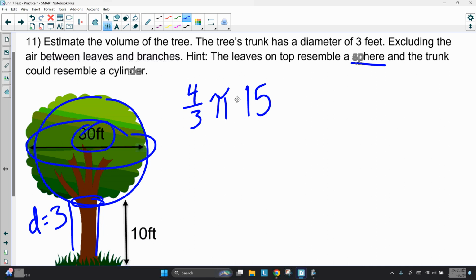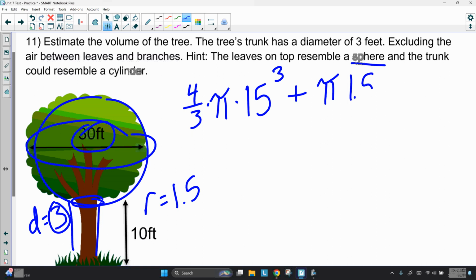So the radius for that guy is going to be 1.5. And this is all in feet. So cylinder is pi, radius 1.5 squared times the height, which is 10. Might be a goofy looking tree, but it is a tree regardless. And as always, pi will be 3.14.